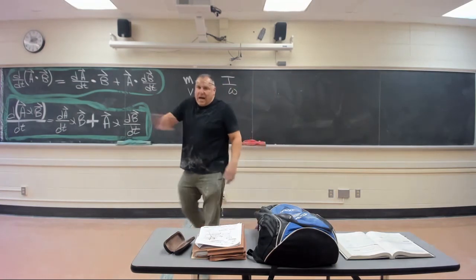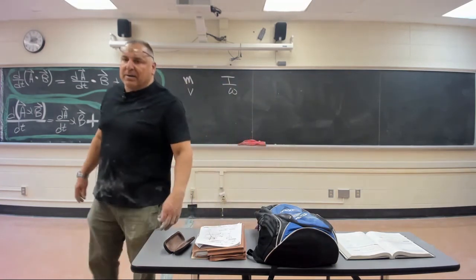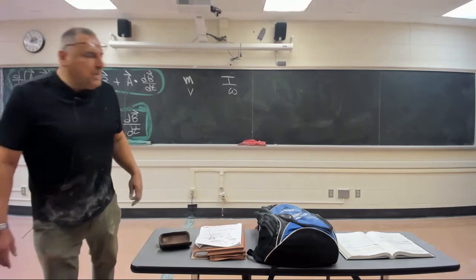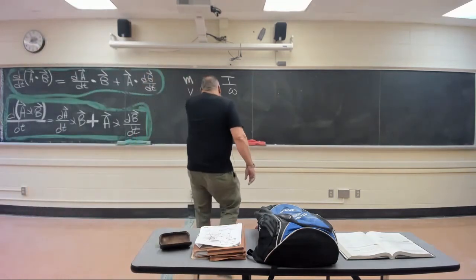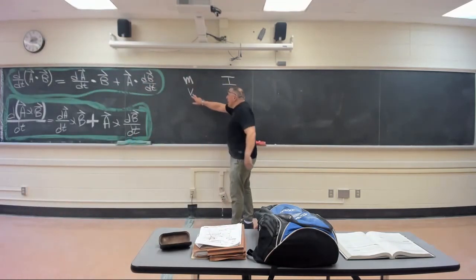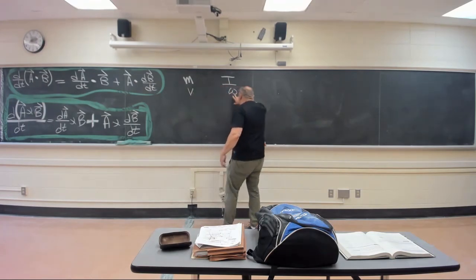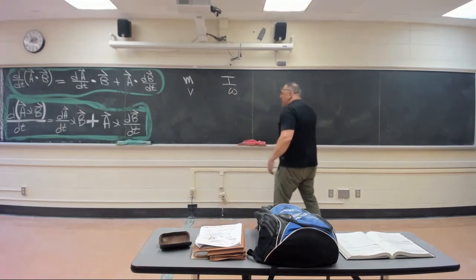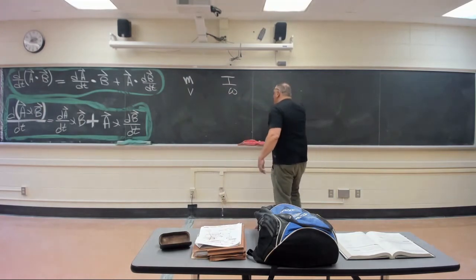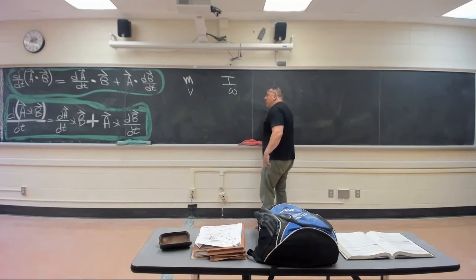Both vectors, but right now, let me not write down vector. Let me just say V. The speed at which something is going, or the speed of its rotation as well. V is velocity or magnitude of velocity. Omega is going to be the magnitude of the rate of angular rotation, revolution.